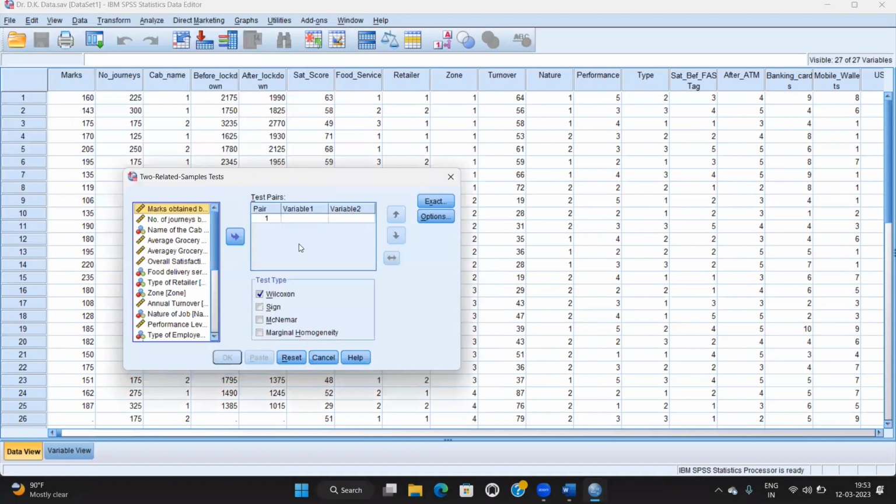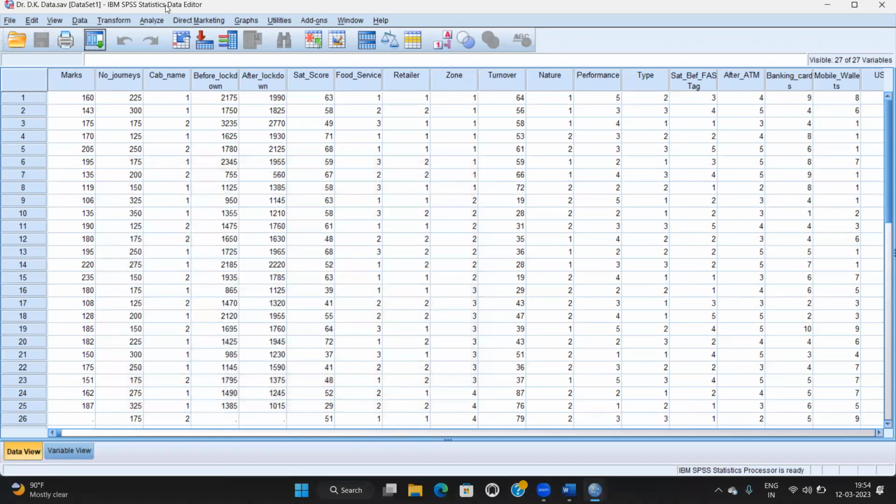The window appears like this. You have to select level of satisfaction before FASTag and level of satisfaction after FASTag. Wilcoxon test is selected by default. Click OK.